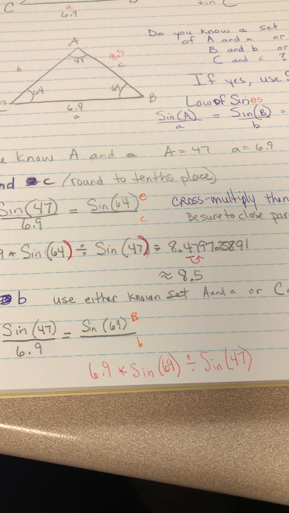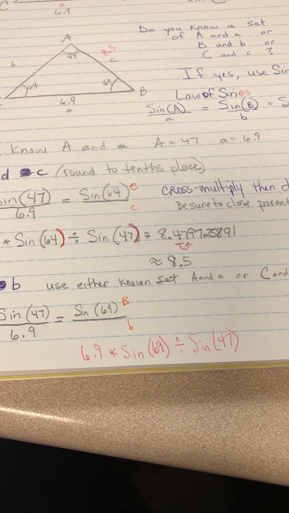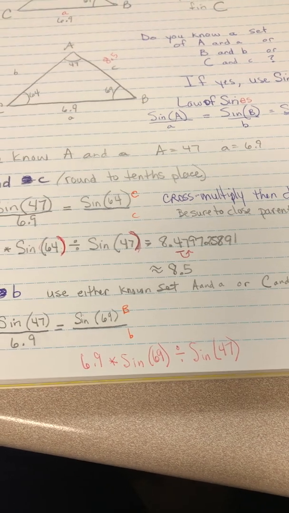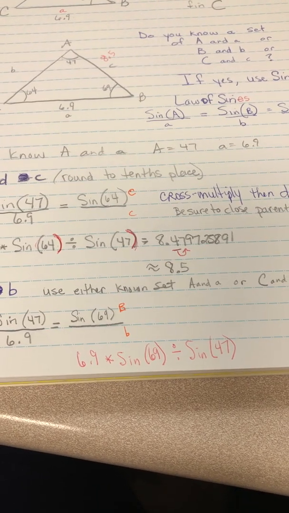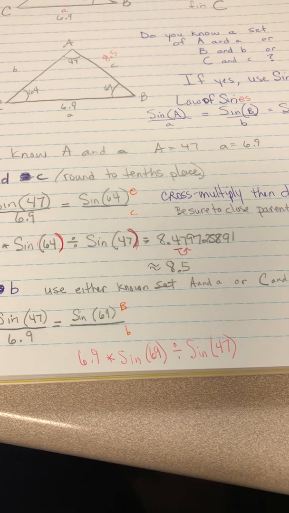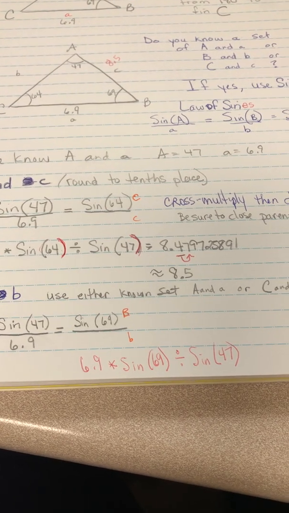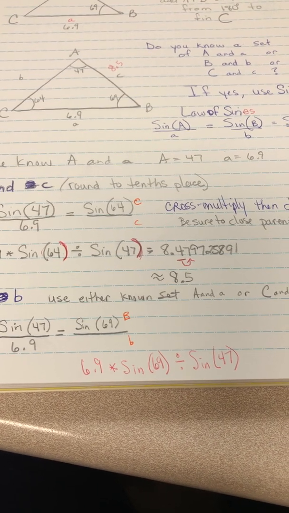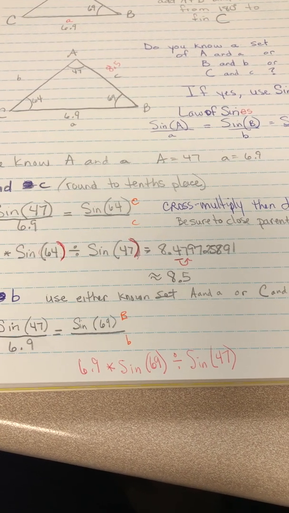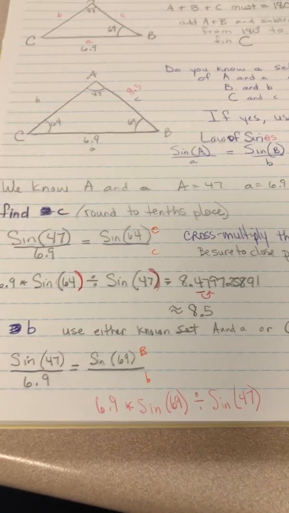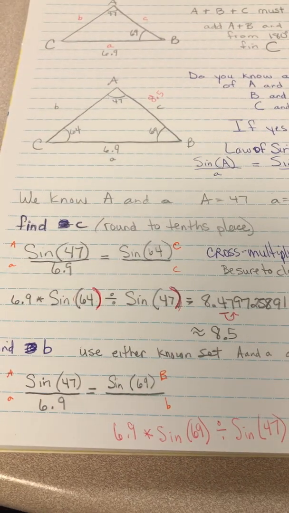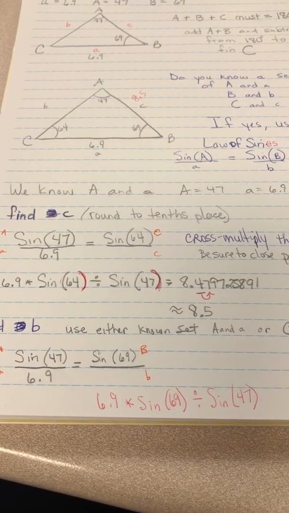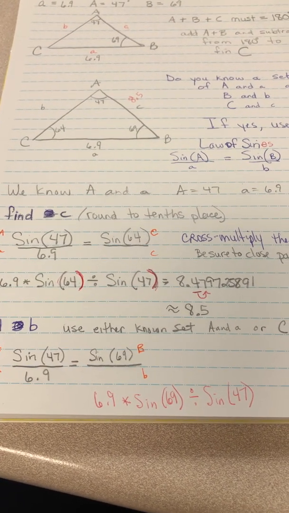And let me pull up my scientific calculator. I closed it out. Let's see what happened to it here. Okay. Let's see what that answer is. Clear this out. So 6.9 times sine of 69.